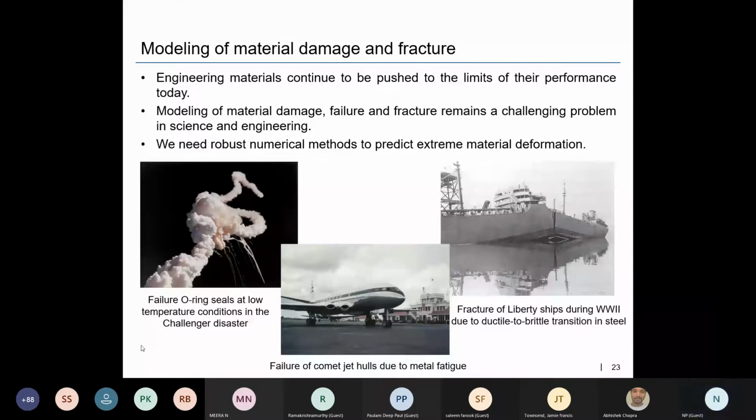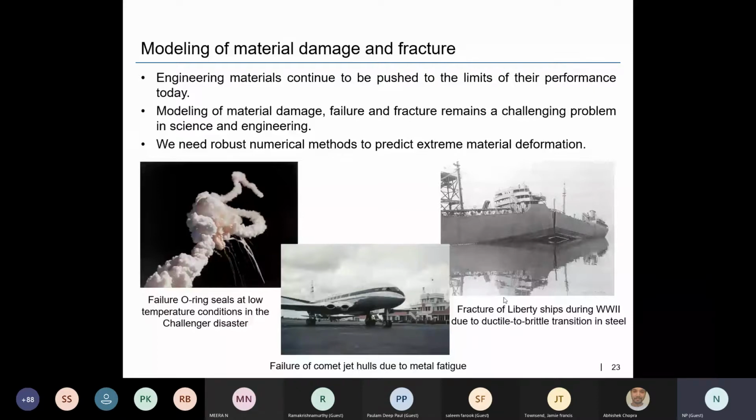For example, the failure of O-rings at low temperature conditions in the Challenger disaster, metal fatigue, which led to failure of Comet jet hulls, fracture of Liberty ships during World War II due to ductile to brittle transition in steel.